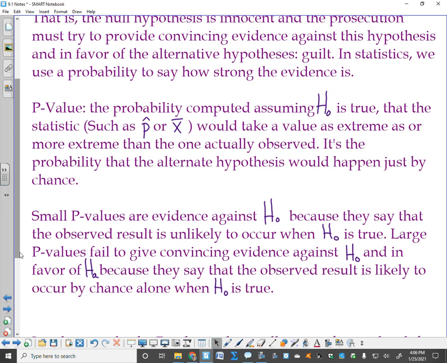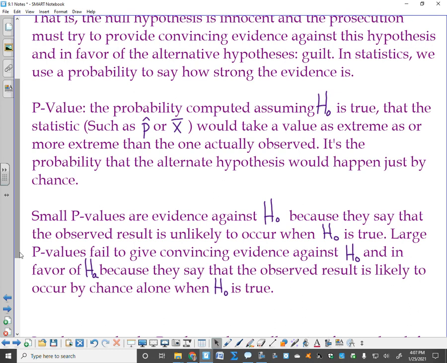Now, did Miss Hunter do it? Did she kick that ladder out and have it fall on me and kill me? That's the alternate. But the p-value is the probability that it happened just by chance. Therefore, Miss Hunter is still innocent. Okay.